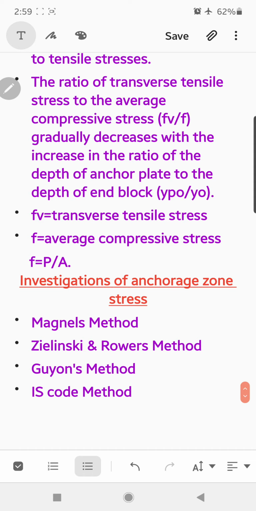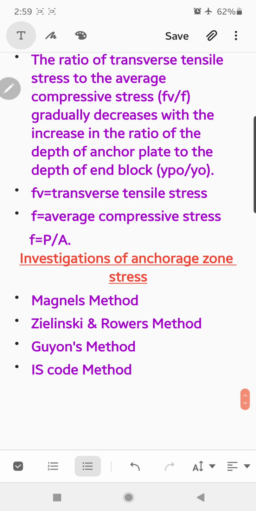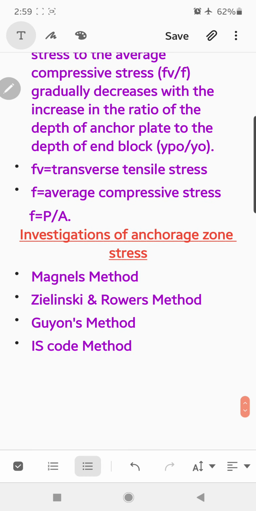Now these anchorage zone stresses, for the design of the end portion of the post-tensioned beam, have to be investigated. We need to determine and magnify these stresses. We have different methods for investigation of these stresses: Bagnall's method, Zielinski and Rowe's method, Guyon's method, and the IS code method.